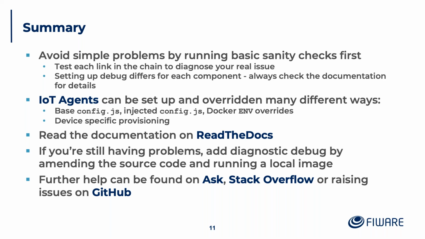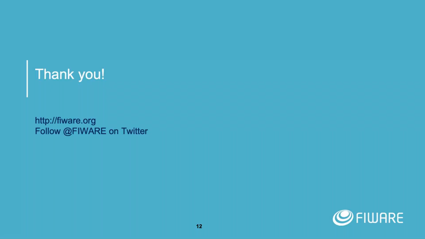The information is all available in much more detail for each individual element on Read the Docs, and you're encouraged to look at the documentation before raising any other issues. But if you're still having problems, you can add diagnostic debug or ask on various different systems. So that is our short introduction to how to debug our IoT agents.